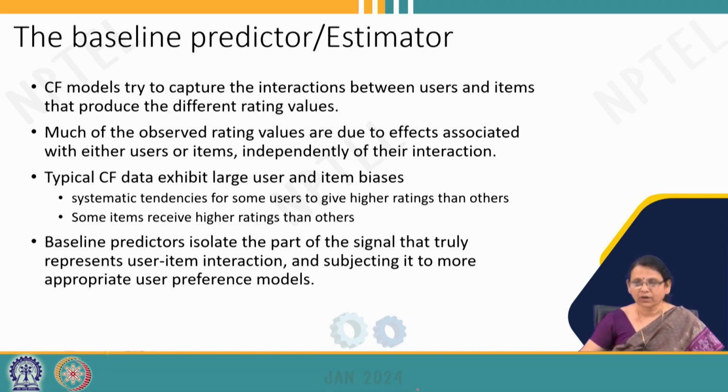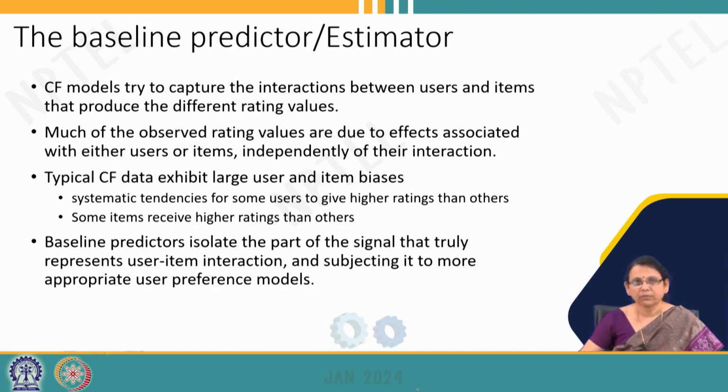Then in the model based approach, instead of using heuristics like creating the similarity matrix and so on, we tried building the models, so that when a new user comes and looks at a few other items, we can provide some kind of rating prediction.